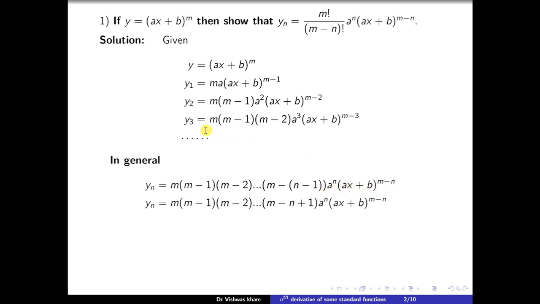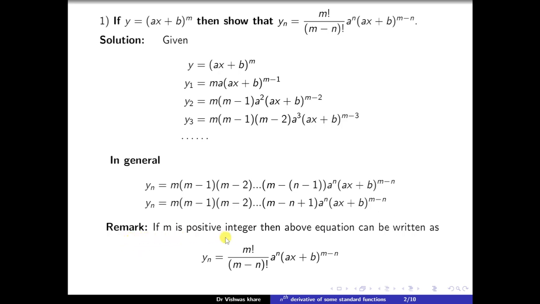Because here y3 becomes m (m minus 1)(m minus 2) a cube (ax plus b) to the power m minus 3. Similarly, this yn becomes m (m minus 1)(m minus 2) up to (m minus n plus 1) a to the power n and (ax plus b) to the power m minus n.